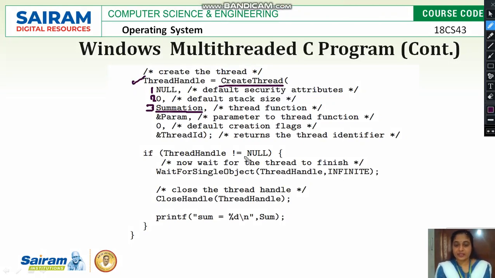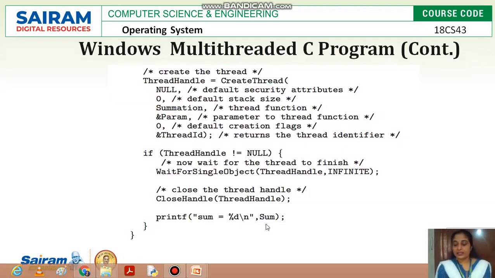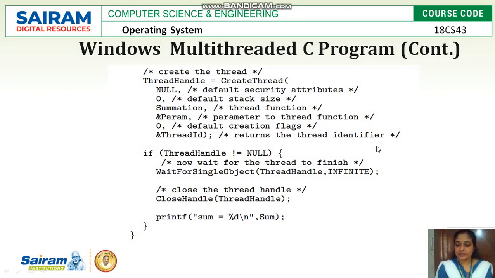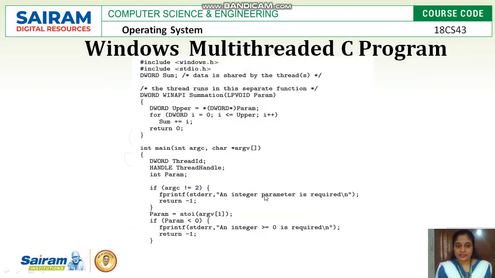If ThreadHandle is not NULL, wait for the thread object which is created, else close handle, then print sum. So the sum from the function I told you about will be executed at this point. Once the thread is created, the thread handle helps to call this function Summation.